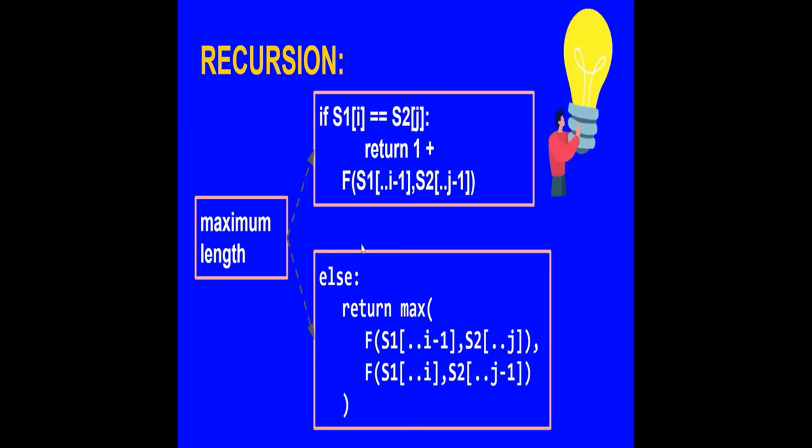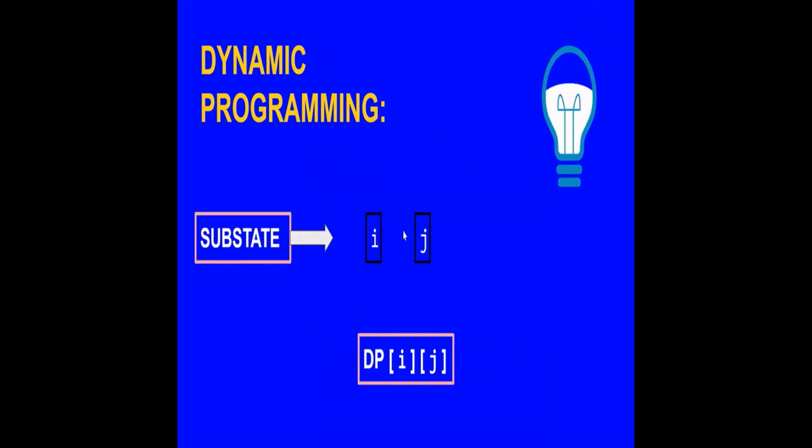Why? Because if we take a look at this function f, here we are passing the two pointers i and j. So we can take care that we shouldn't call the same function again and again for fixed i and j. For a particular i and j, we can already store the result using dynamic programming.